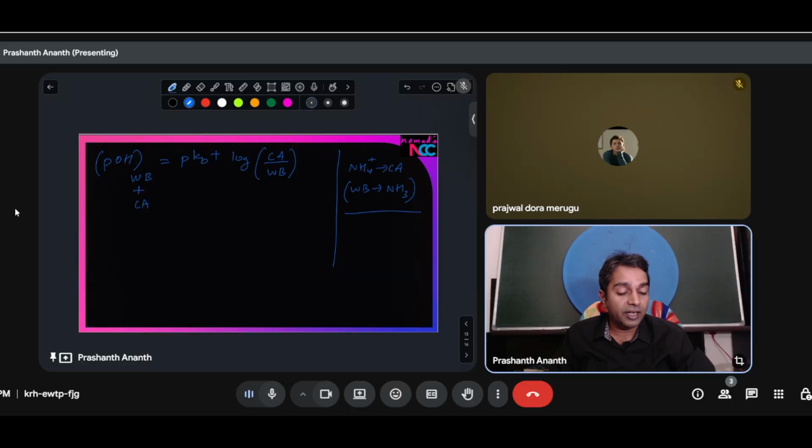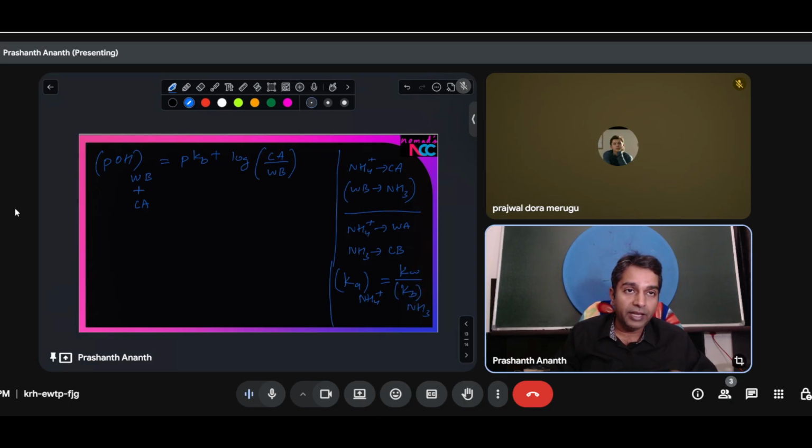If I am considering the ammonium ion as the weak acid, then ammonia works like the conjugate base, correct? So I can write Ka for NH4 plus, which is already known, I'm just mentioning it, is equal to Kw by Kb of ammonia.